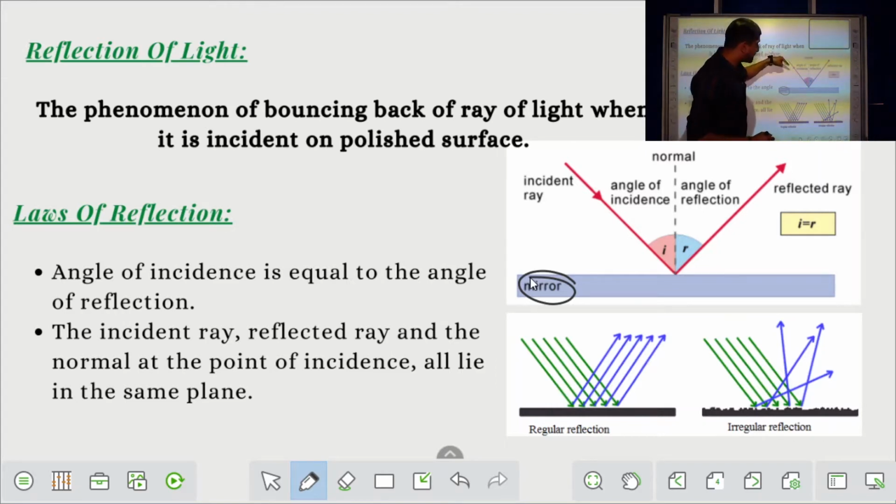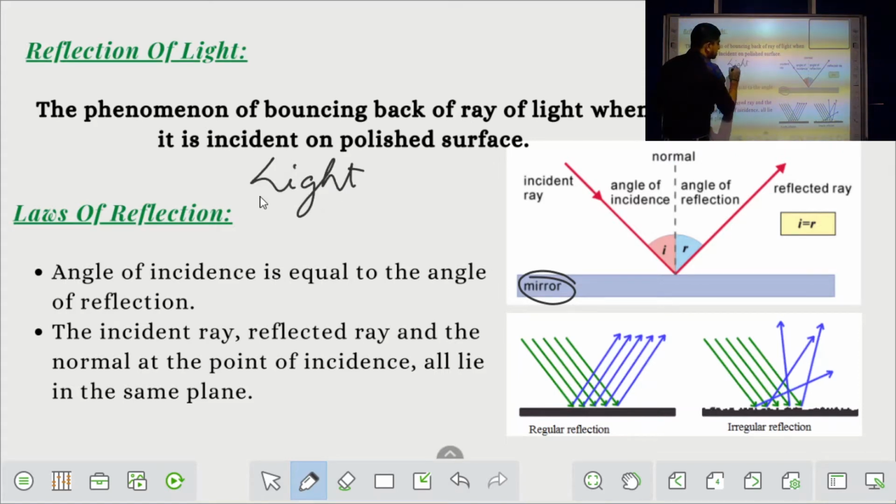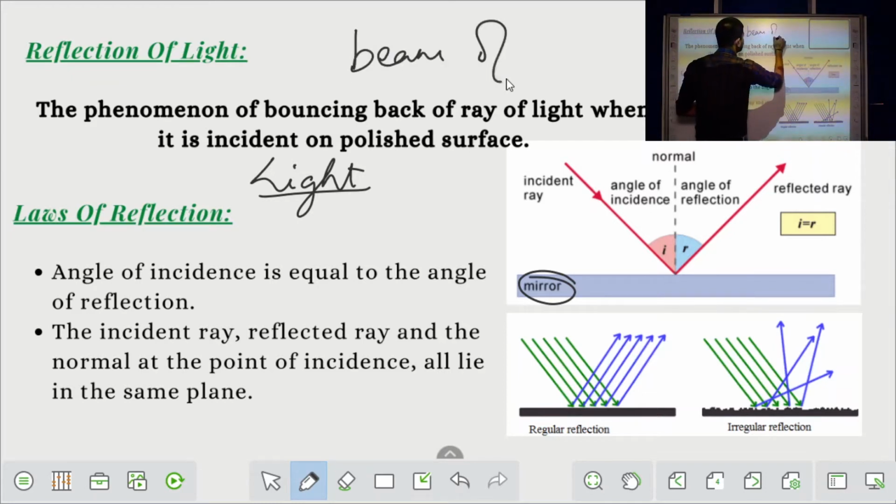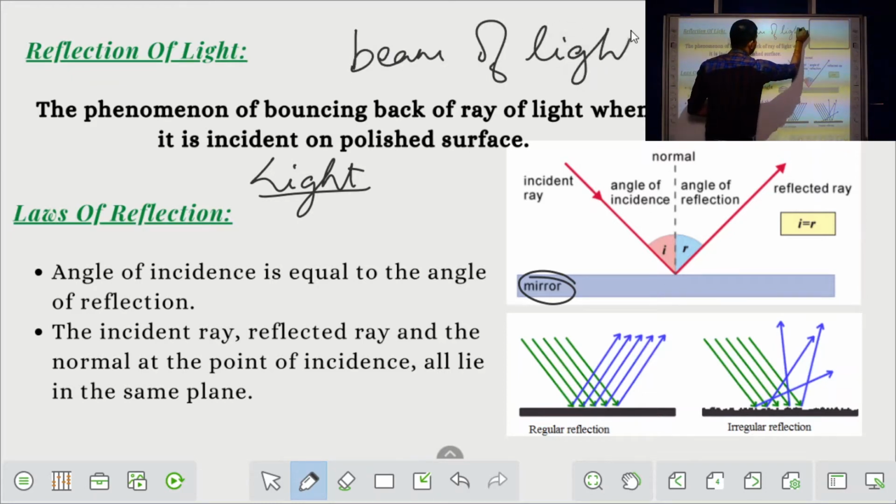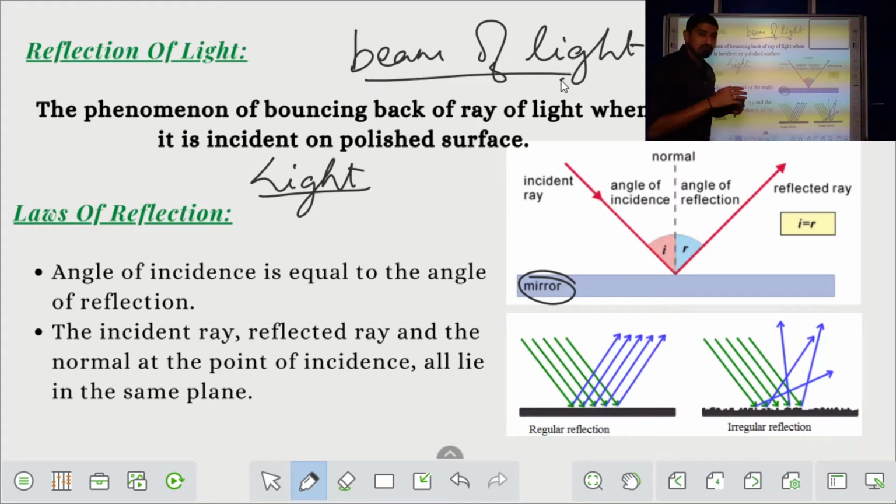Now a ray of light, incident ray. Just seeing the diagram, you might have a doubt: Sir, is it only a single light ray that will fall every time and get reflected? It is just for our understanding that we draw it like that. Imagine light is a beam of rays, or we say a beam of light. In that beam of light you will have millions of lines.